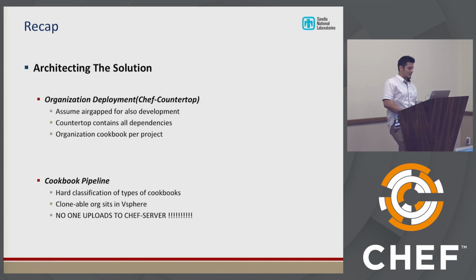Also, I don't want to harp on this too much, but people just uploading versions of cookbooks to Chef servers, I do not like. It's a pet peeve of mine. Doing it this way and letting the CI have access to it, as the workstation that's uploading, is probably the best route. It keeps everything from breaking, and trying to fix that break through your Chef server is a pain in the ass.